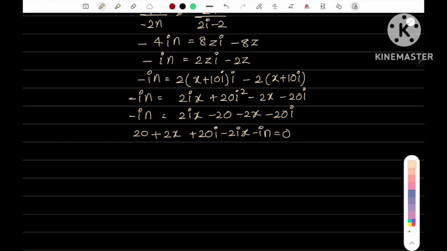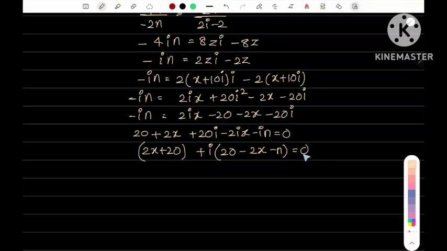Now let us segregate, put it in form x plus iy. So this becomes 2x plus 20 plus i times 20 minus 2x minus n equal to 0. Now there is a complex number on left hand side, a plus ib or x plus iy, and there is a complex number on the right hand side, which is 0 plus 0i.